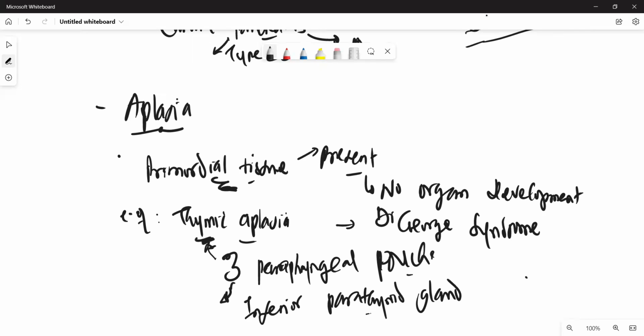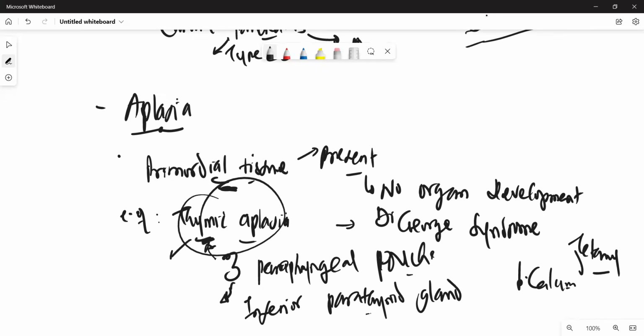So they have no parathyroid hormone, and if there is no parathyroid hormone, they will have low calcium, so they will have things like tetany. And if there's no thymus, there will be no T cells, which normally fight against viral and fungal infection. So this patient also has recurrent viral and fungal infections. So a newborn with recurrent viral and fungal infections, no thymus, and tetany, think of DiGeorge syndrome.